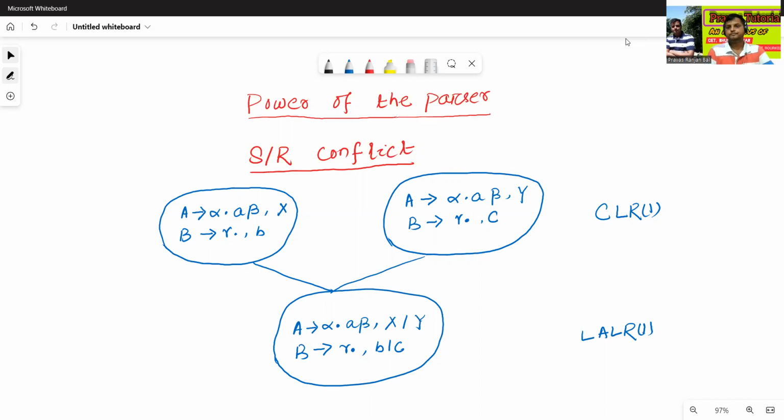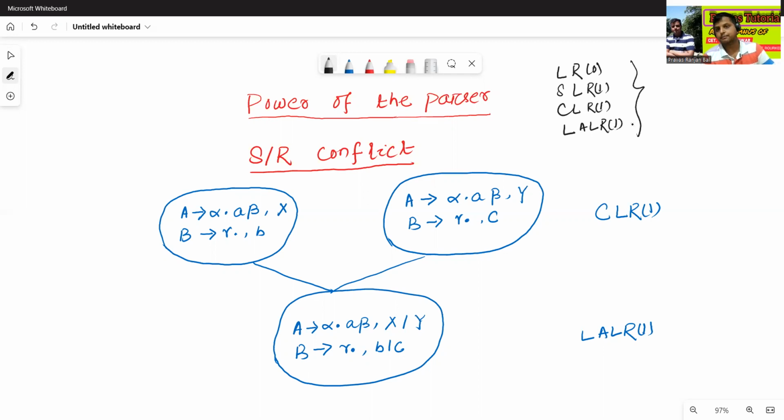We have already discussed four types of bottom-up parsers: LR0, SLR1, CLR1, LALR1.